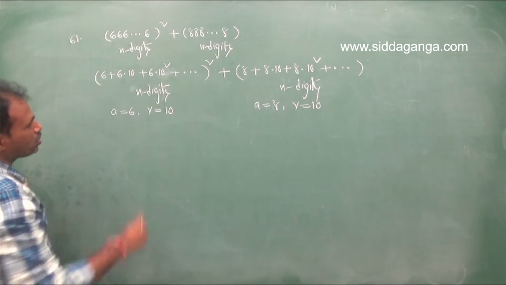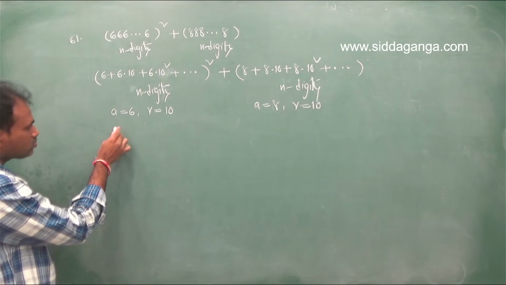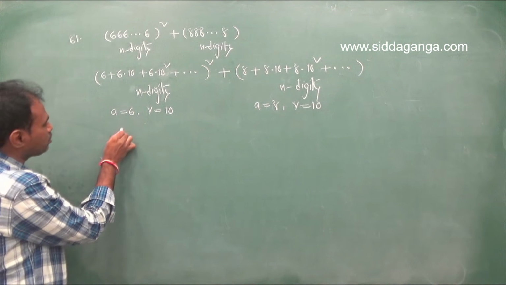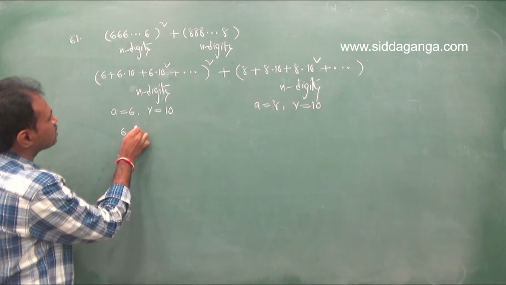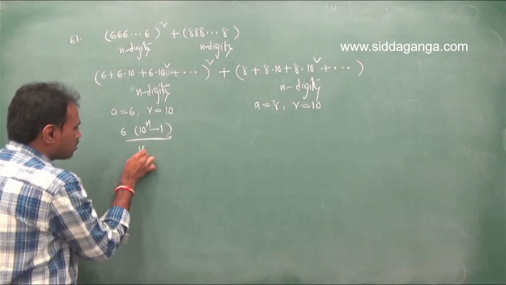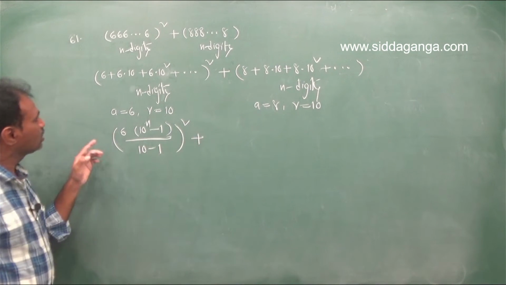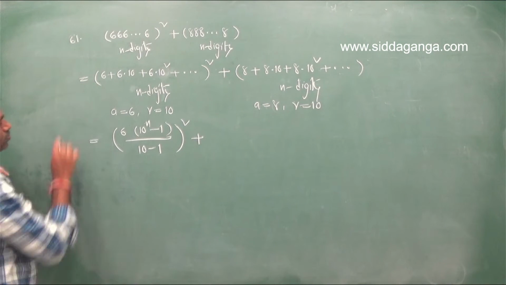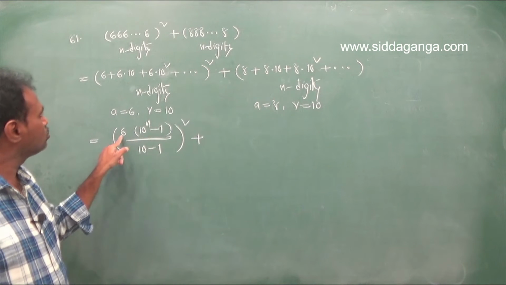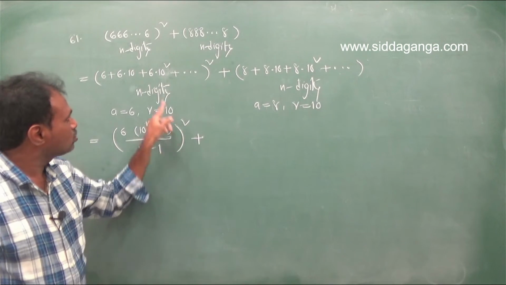Therefore sum of n terms formula is a into r power n minus 1 by r minus 1. Therefore 6 into 10 power n minus 1 divided by 10 minus 1, whole square is there, plus, now a into 10 power n minus 1 by 10 minus 1 whole square.